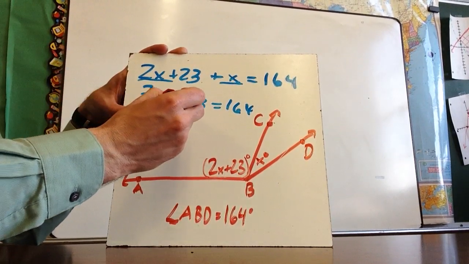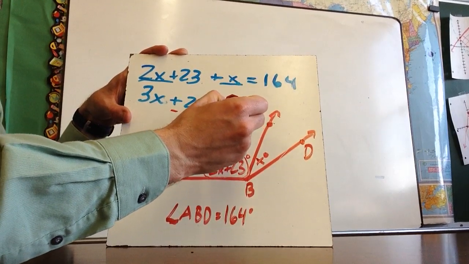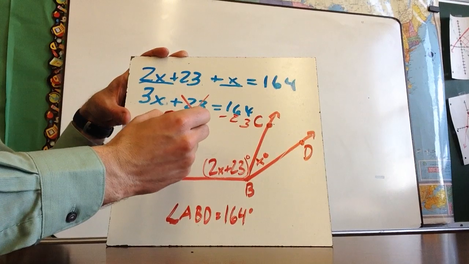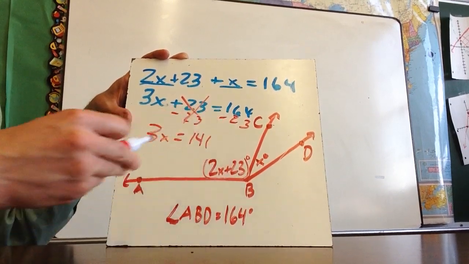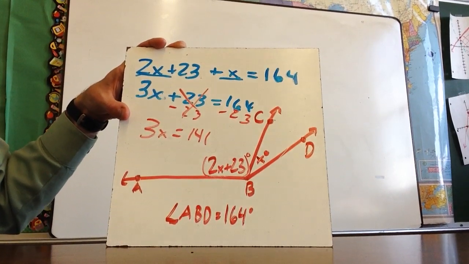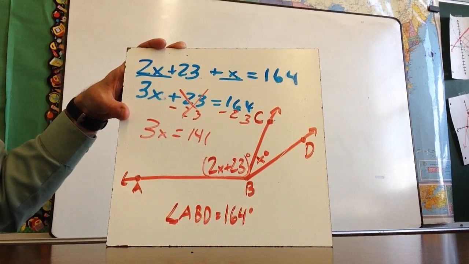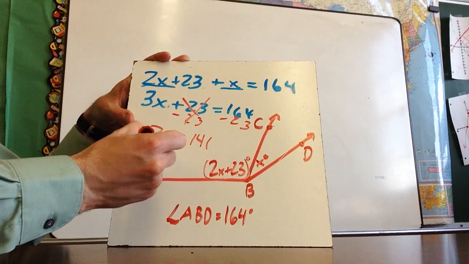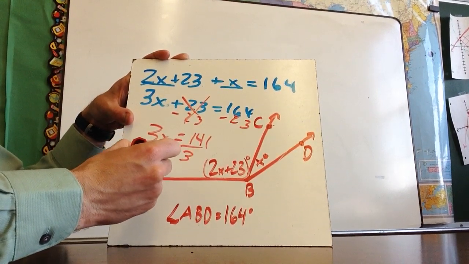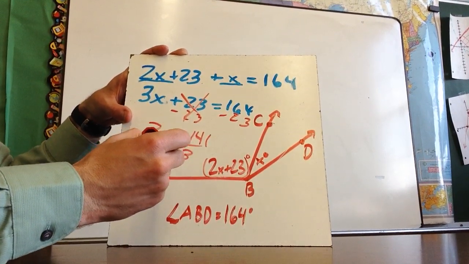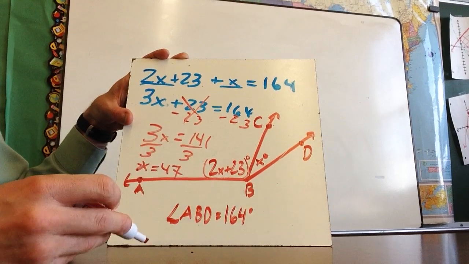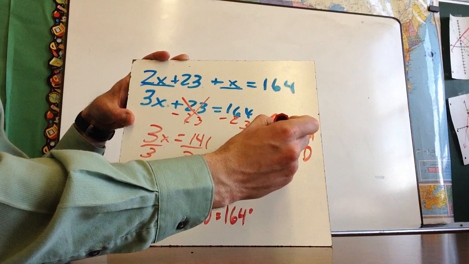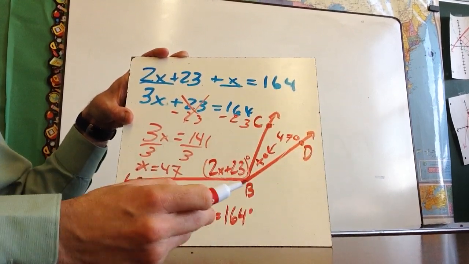Then I'm going to subtract 23 from both sides, so that goes away. I'm left with 3x equals 141. If I divide both sides by 3, I get that x equals 47. Keep in mind that this angle is 47 degrees, because that's x.